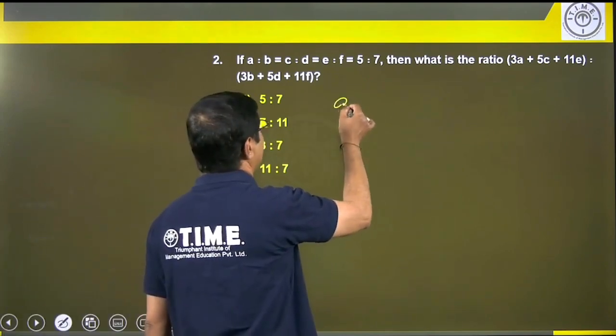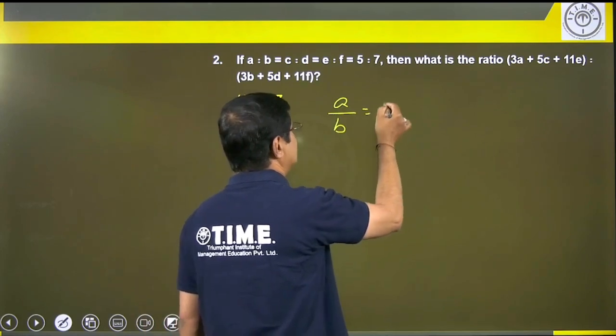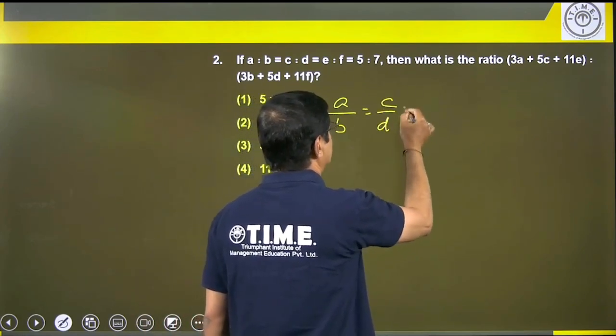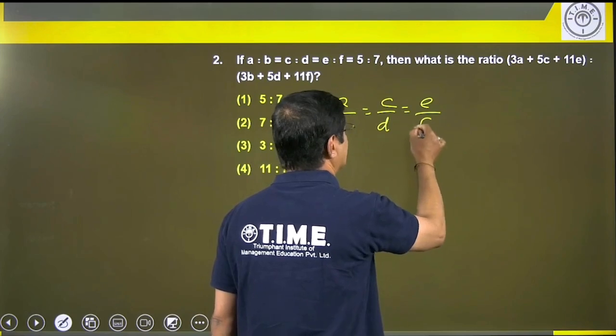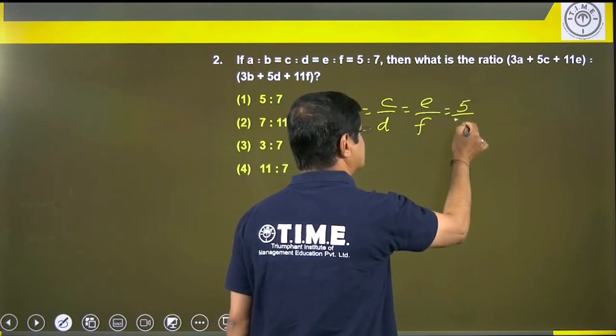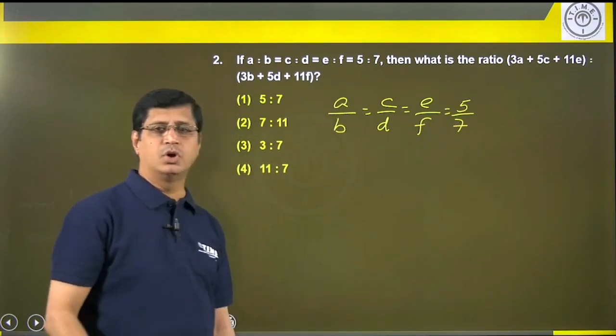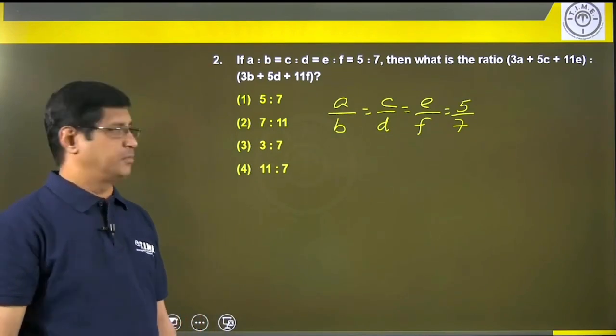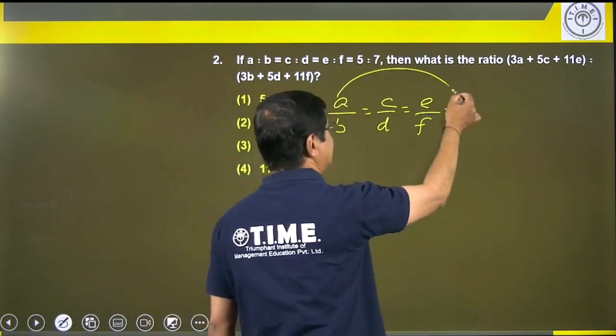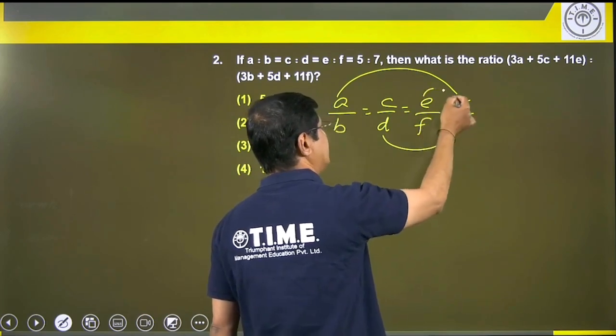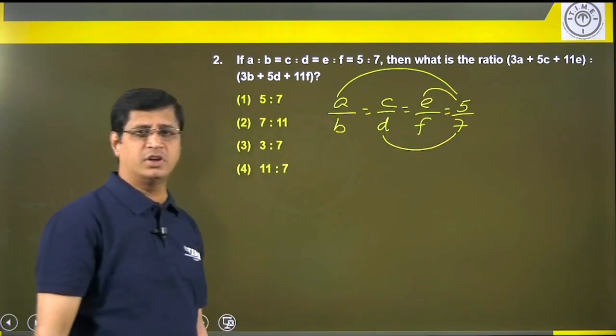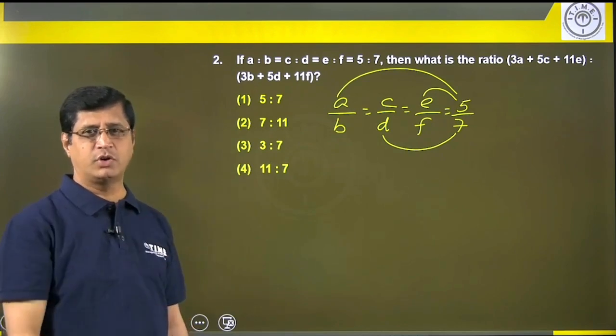Dear students, here A by B, C by D, E by F is given as 5:7. Means each ratio is equal to 5/7. Means A by B is equal to 5/7, C by D is equal to 5/7, similarly E by F is also equal to 5/7.